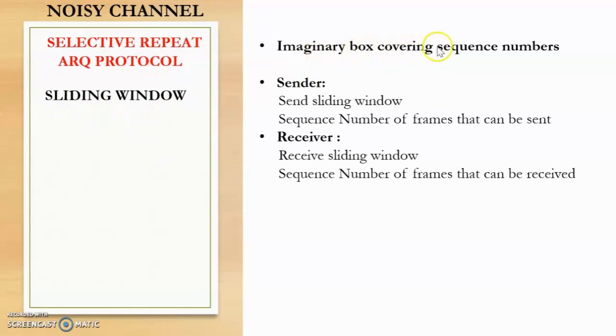The sliding window is an imaginary box covering the sequence numbers. At the sender side, the sender will have a send sliding window which will define the sequence numbers of the frames that can be sent. Similarly, at the receiver side, the receiver will have a receive sliding window which will define the sequence numbers of the frames that can be received.